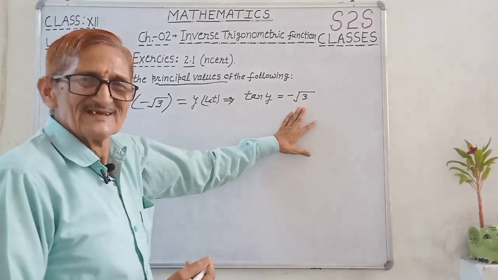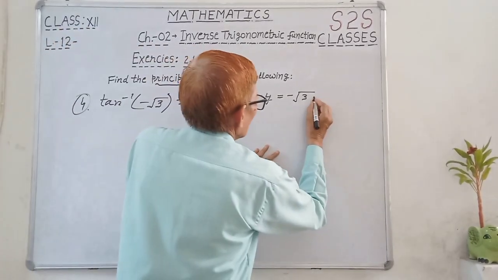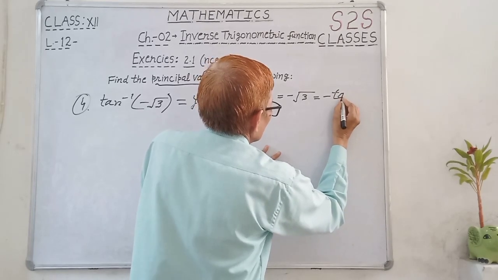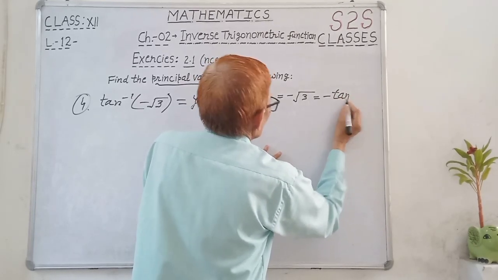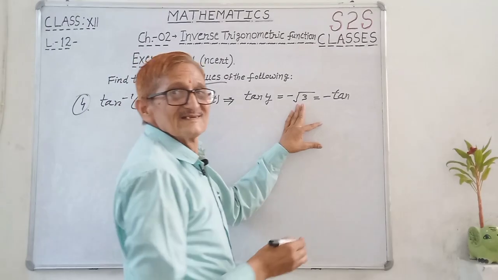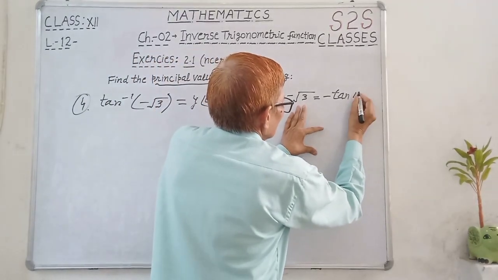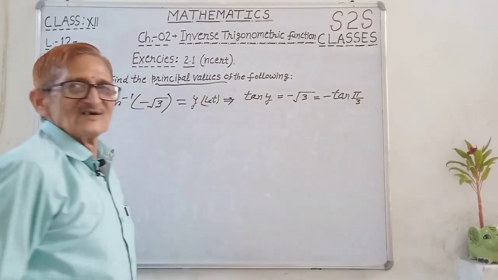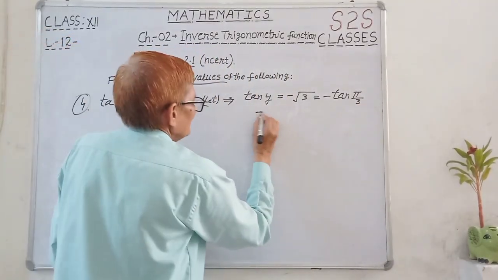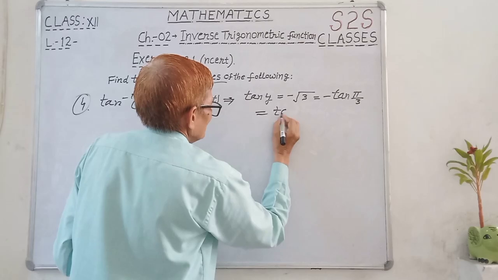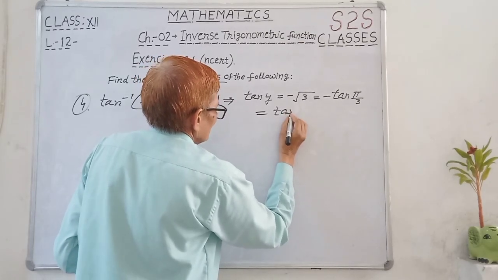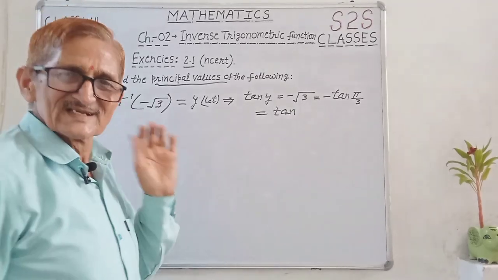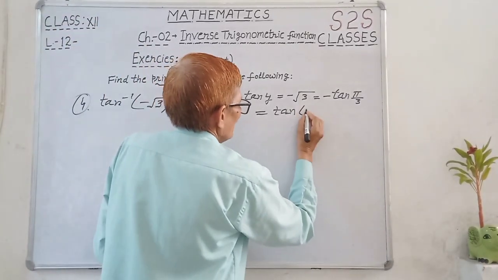Then we can write this as minus tan 60 degree, that is pi by 3. And minus tan theta we can write as tan of minus theta, since tan minus theta is minus tan theta.